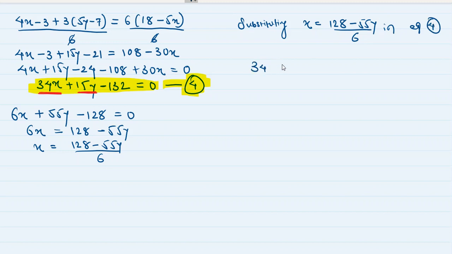So 34 bracket, in the place of x I'm going to put 128 minus 55y, the whole upon 6, okay, plus 15y minus 132 is equal to 0. So that's the equation which I'm getting. Now I have to simplify this and find the value of y. How? 2 3s are 6, 2 17s are 34. Correct? Now I'm going to multiply 17 here in the numerator with both the terms.